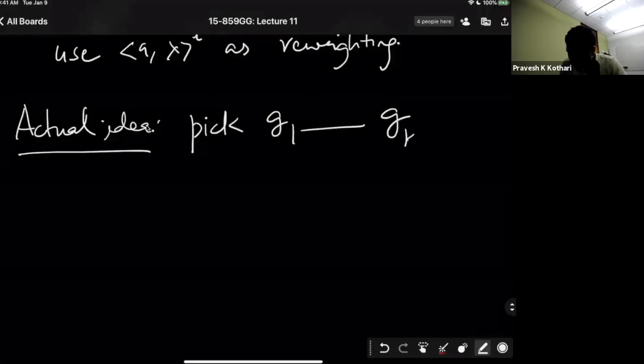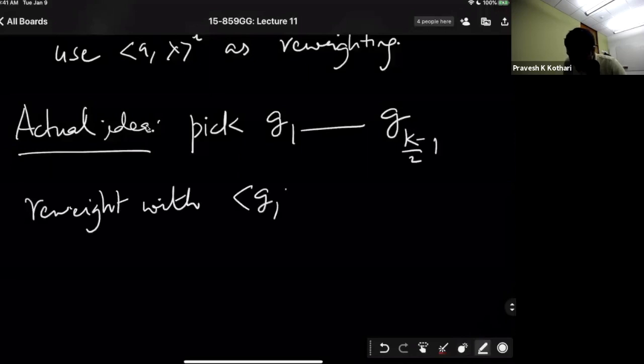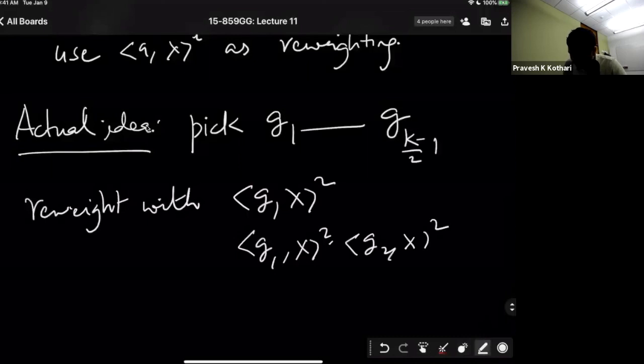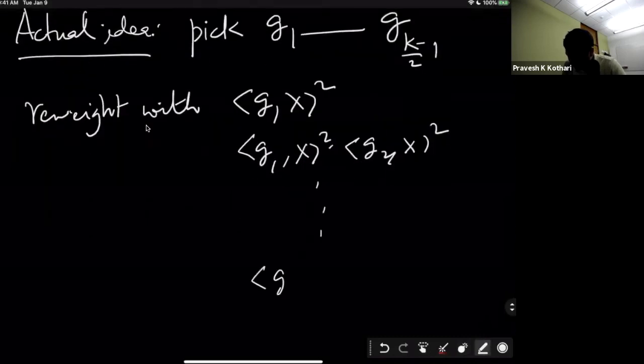Pick random Gaussians g1 up to g_{k/2-1}, and reweight with g1 dot x squared, g2 dot x squared, and so on. I'm giving you a bunch of reweightings to try out.